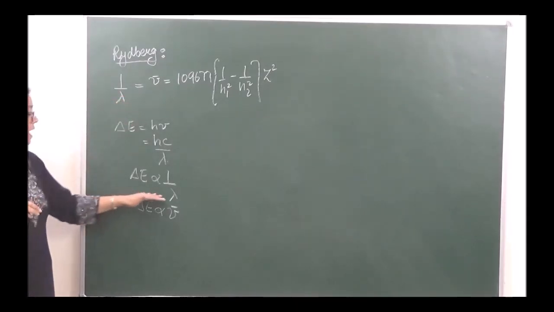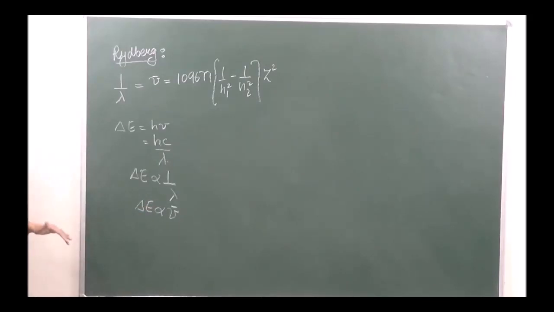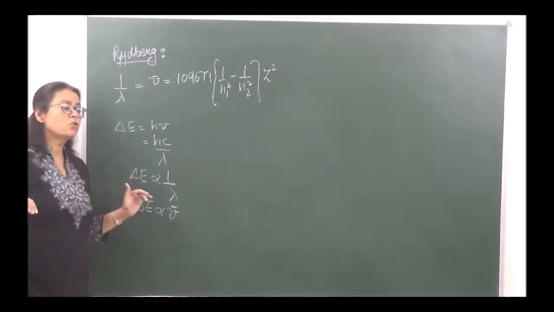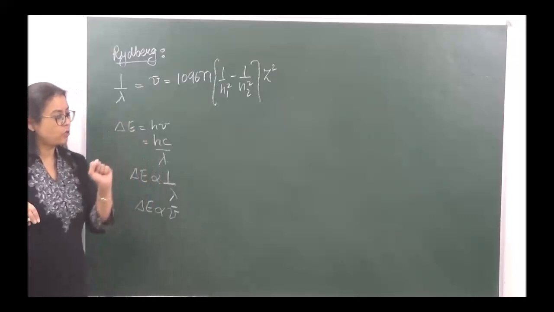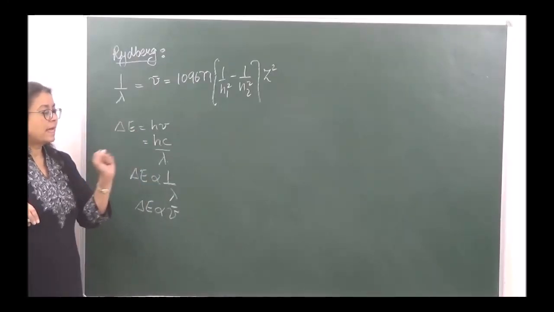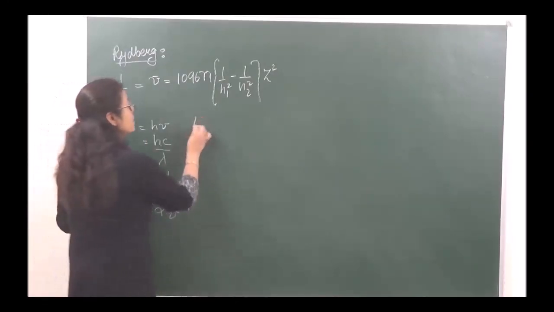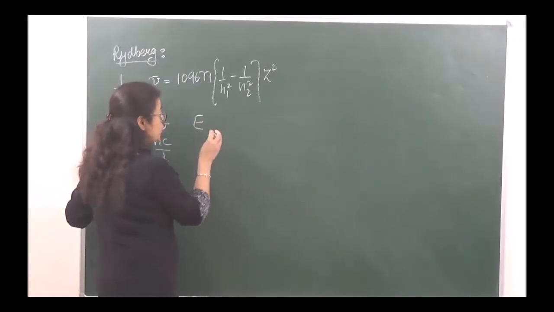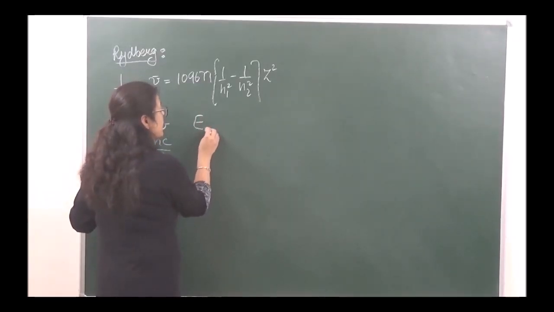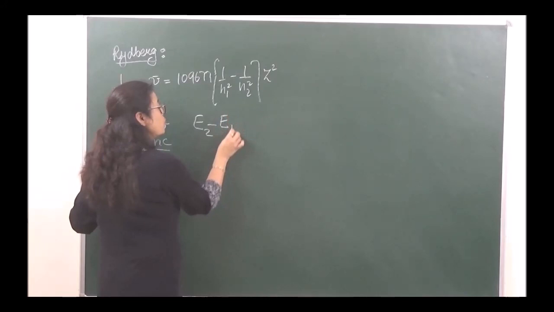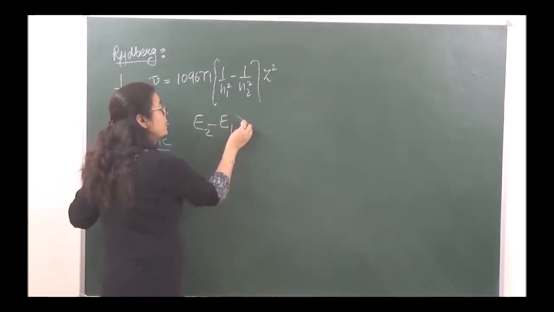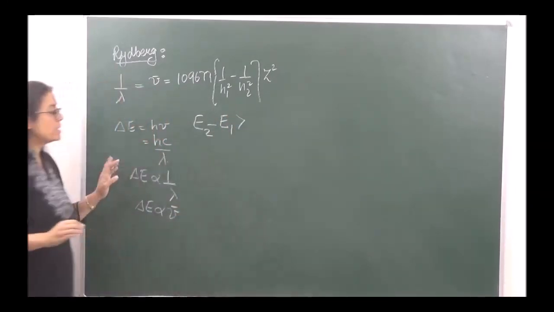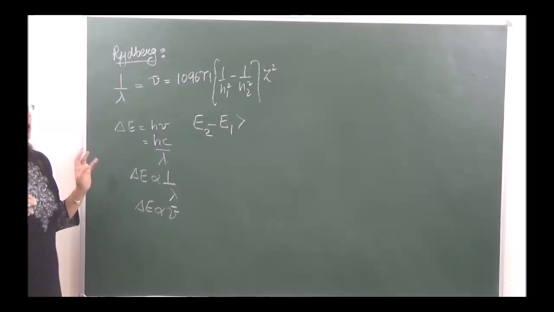If we are getting a higher value of wavelength, then the energy associated with the electron is going to be less. And this explained the trend of transitions which we had done: if the electron is going from E2 to E1, the energy is going to be highest, because lambda is going to be lowest.